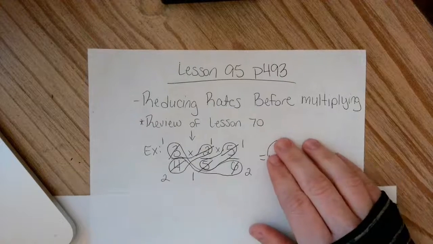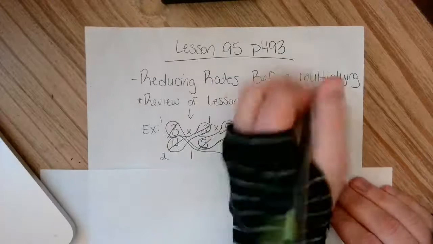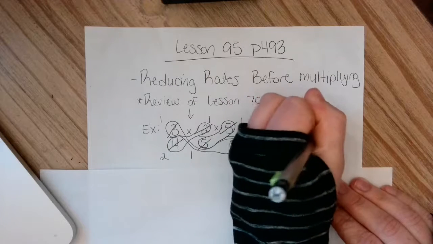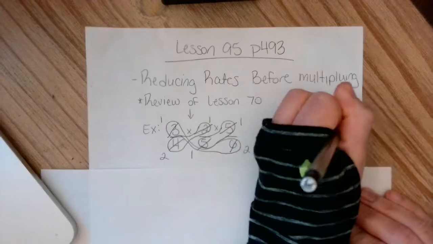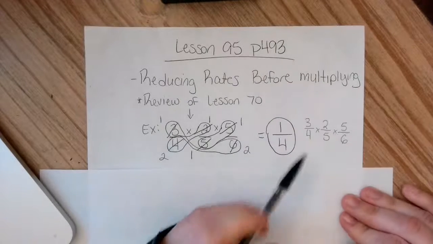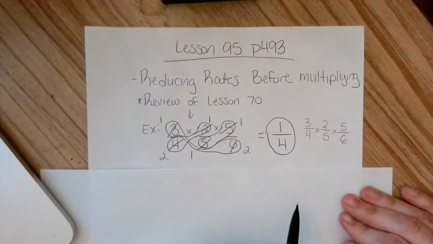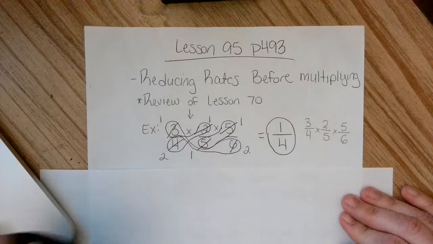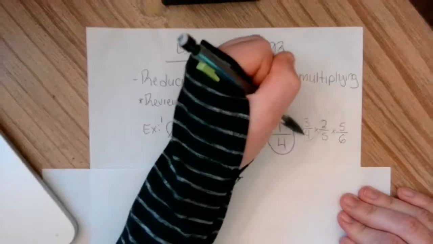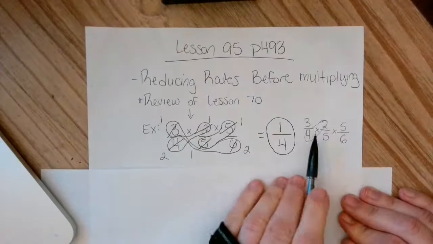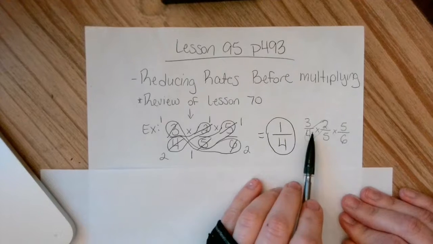So if you remember, if you have 3/4 times 2/5 times 5/6, you can pair up some of these numbers and reduce them before you actually multiply. So first off, I know that 2 and 4 can pair up, and the factor that goes into 2 and 4 is 2.